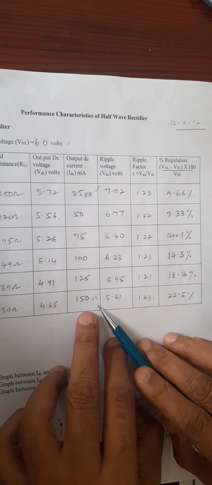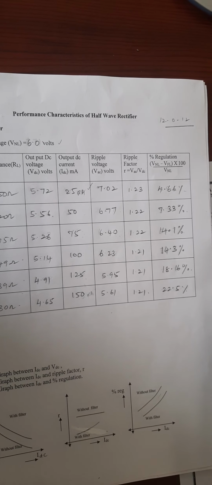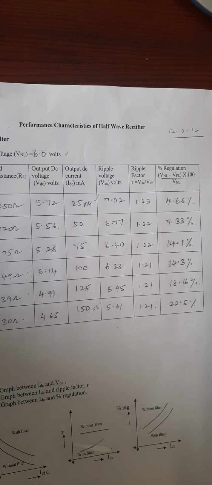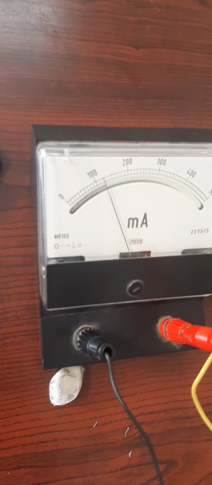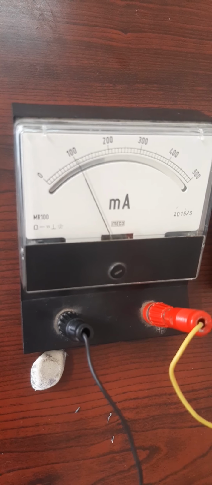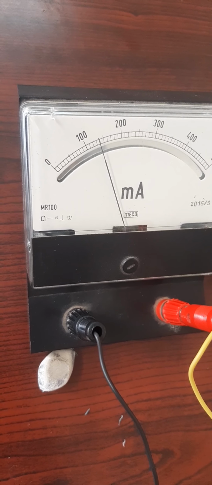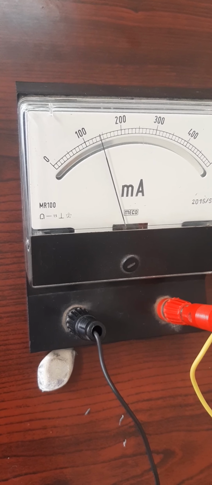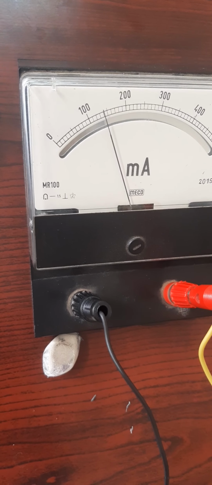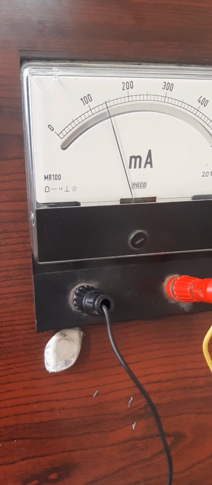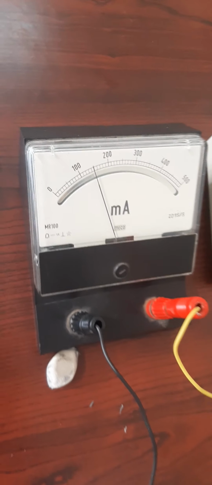Now I will go for the last reading so that it is clear for you. Just come back and see. Now I am varying this to 150 milliamps. So I have set the reading to 150.